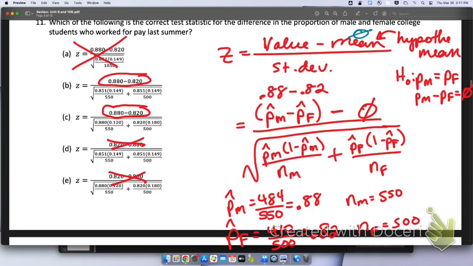So we need to see which one of these is the correct one. They both are good on the sample sizes, but if you look really closely, on B, they are combining their proportions. So they're averaging their proportions for some reason. And that's just, why would you do that? That's silly. So we're not going to do that. So C is our answer.